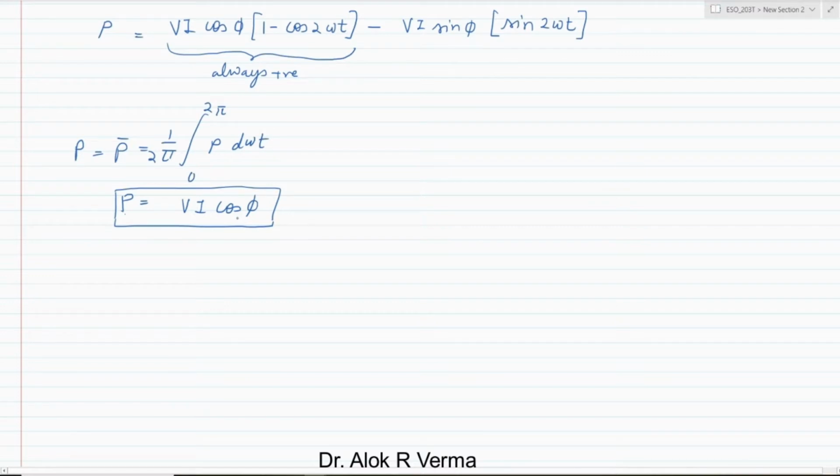The average value of the other term over a complete cycle is 0. The quantity VI sin phi is called the reactive power, represented as Q. This is the reactive power, and this is the active power.